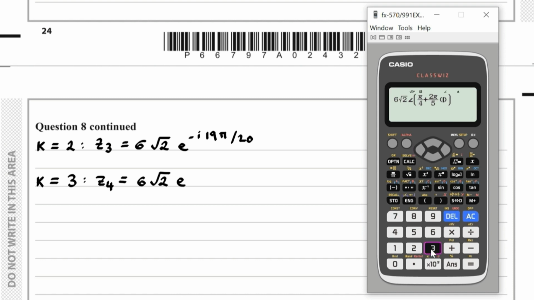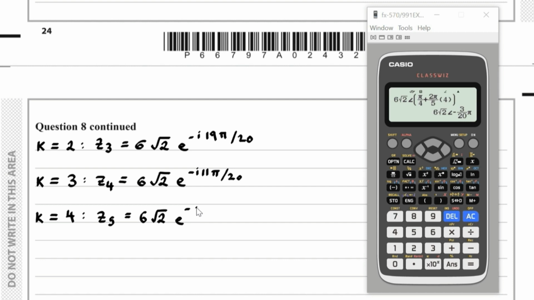And then here, if I change this to a 3, I get minus i 11 pi over 20. And k equals 4. z5, we get minus 3 pi over 20. So we've got 6 root 2 e to the minus i 3 pi over 20. So these are our roots.